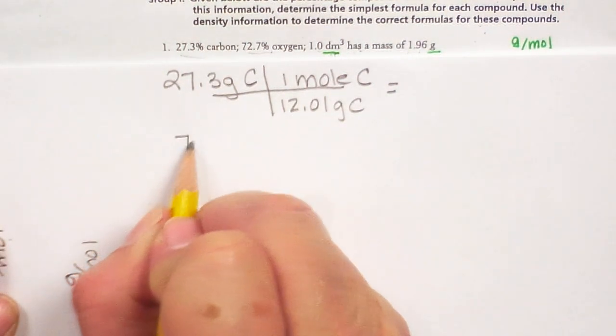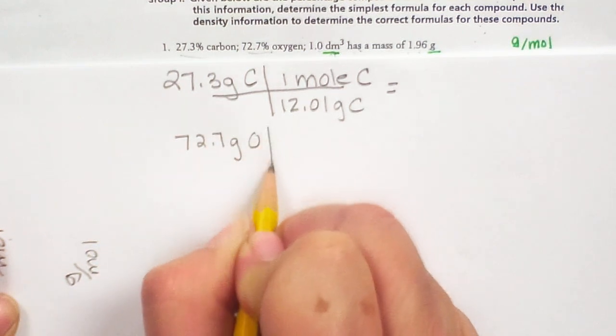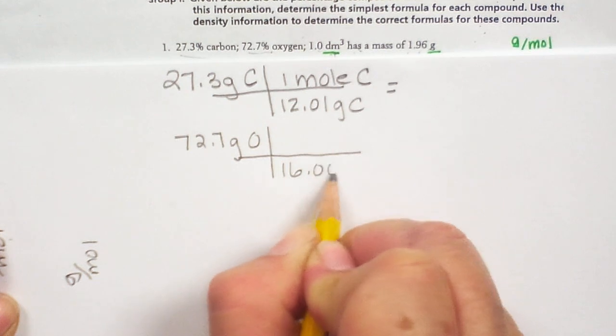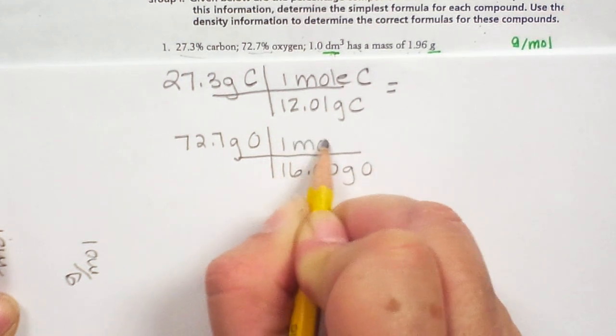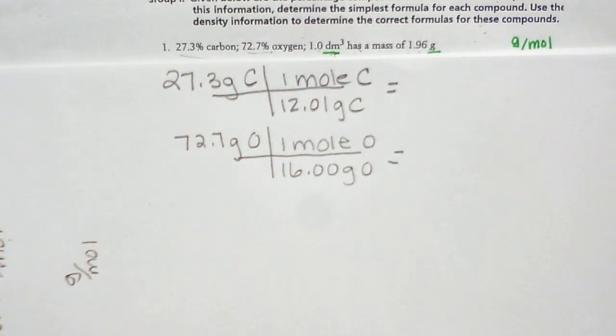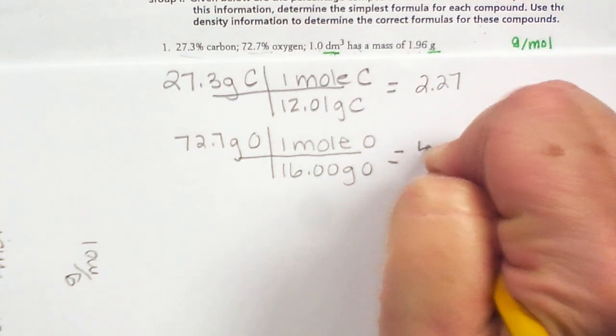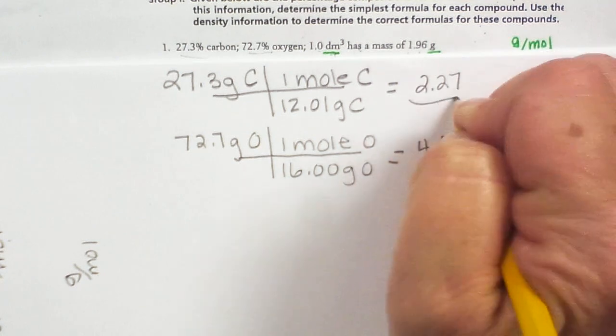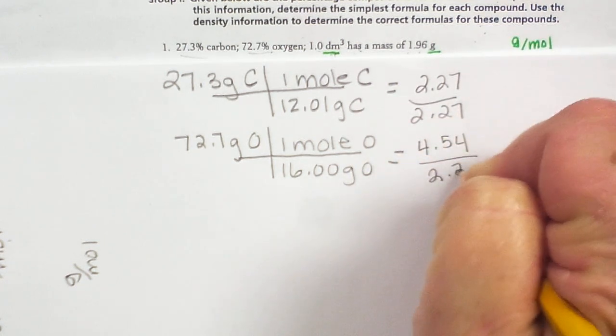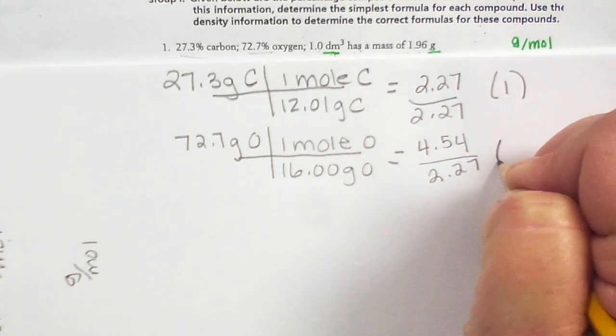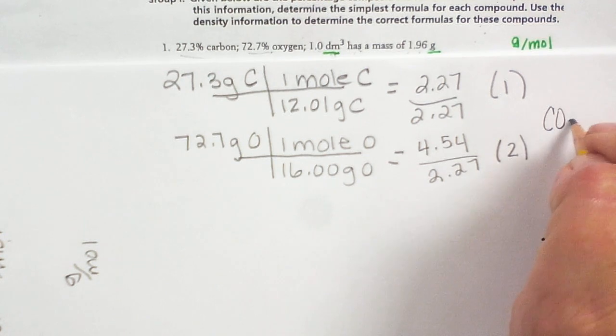And then 72.7 grams of oxygen, okay, so my empirical formula is CO2.